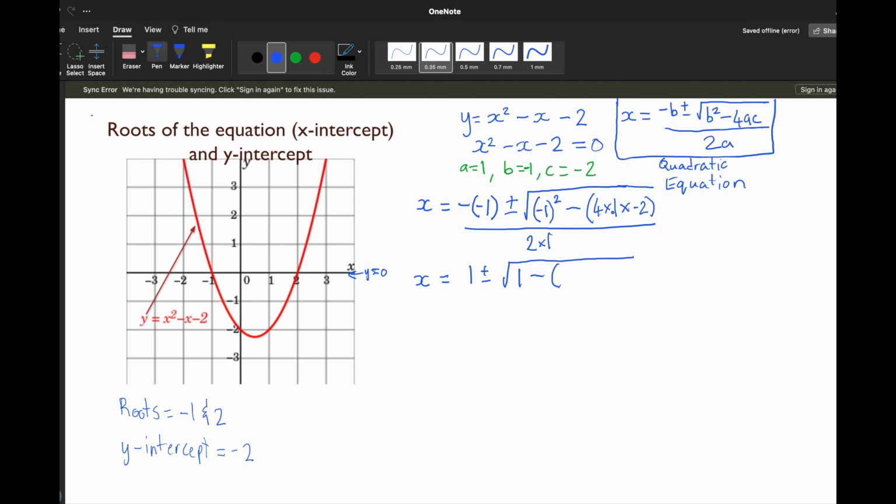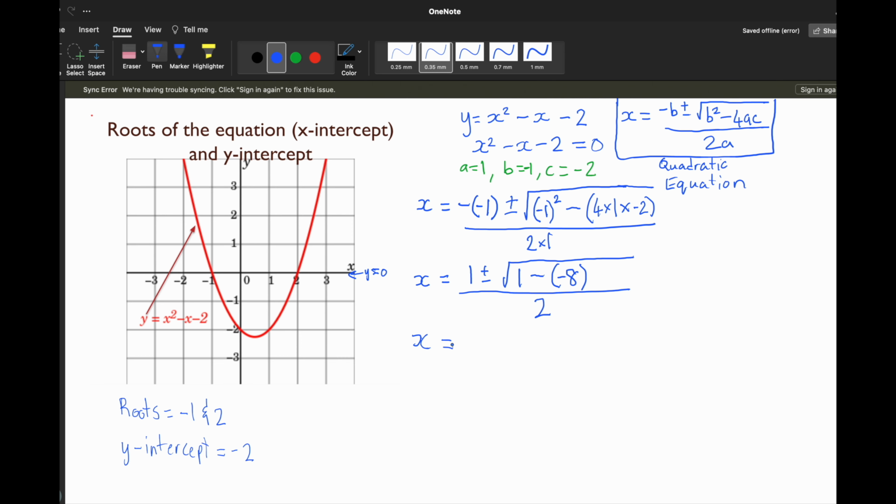So 4 times 1 is, then 4 times -2 is -8. Okay, notice that. So a positive times a positive is a positive, and a positive times a negative is a negative. Okay, so all of that now goes over 2 times 1, which is 2. Making sense so far, right? Yeah. All right, good. So next step now.